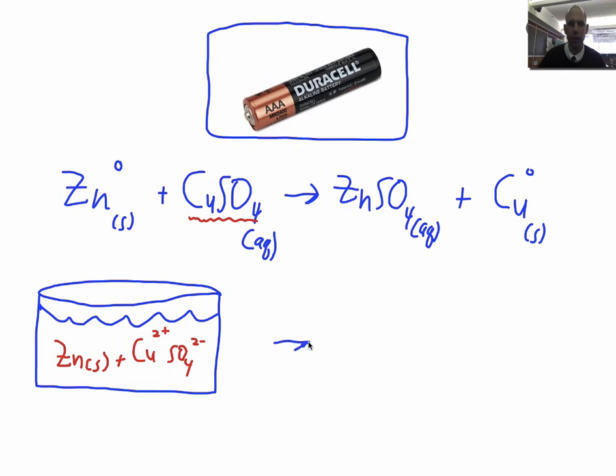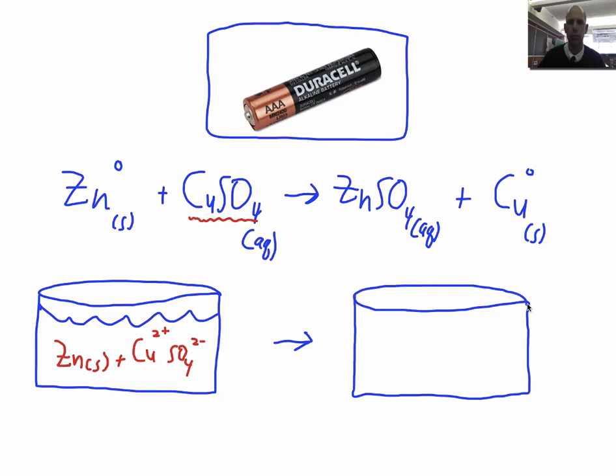And on this side, the products, we've produced now copper solid. I'll draw that over here. And why don't I go ahead and put the little 0, high 0. And now we have aqueous zinc sulfate. So Zn 2 plus, SO4 2 minus.